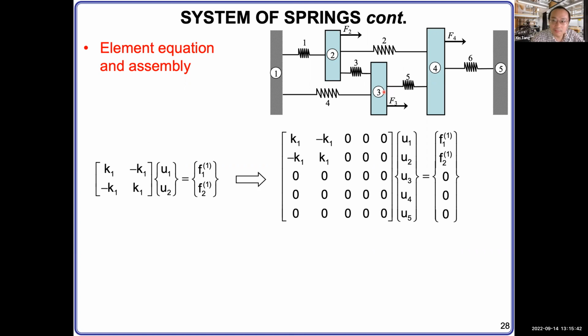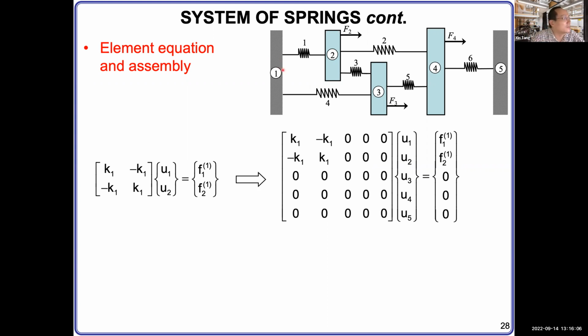5 nodes means this is a 1D system, so you have 5 forces and 5 displacements. On each node, you have many forces there, summed together to be one force.